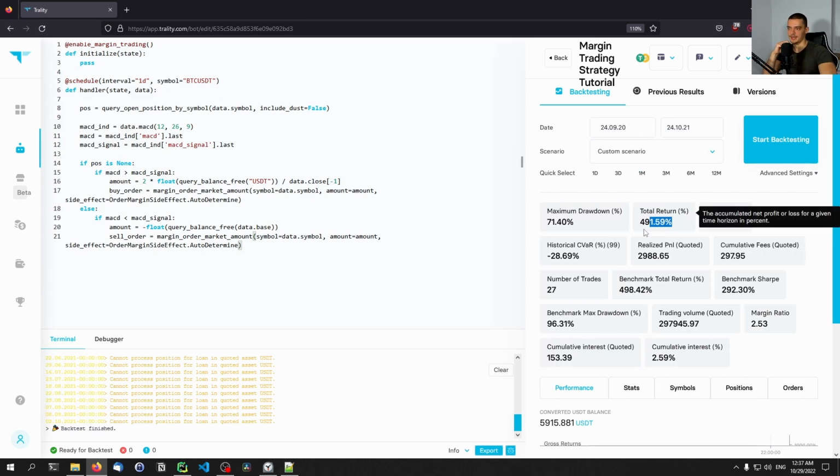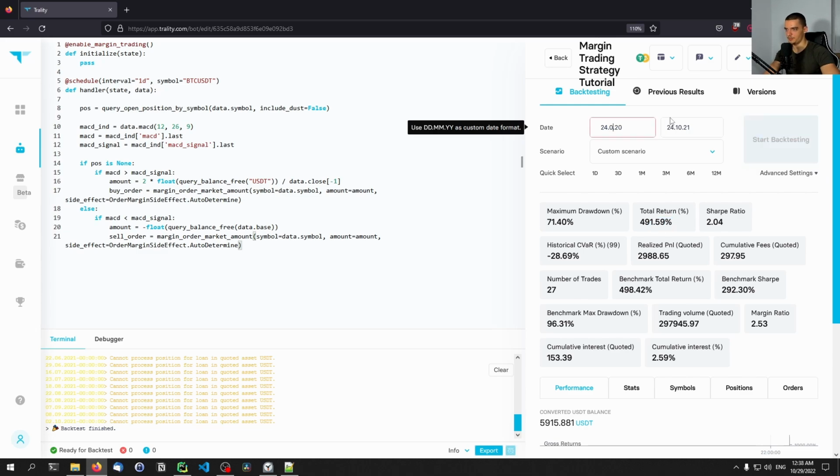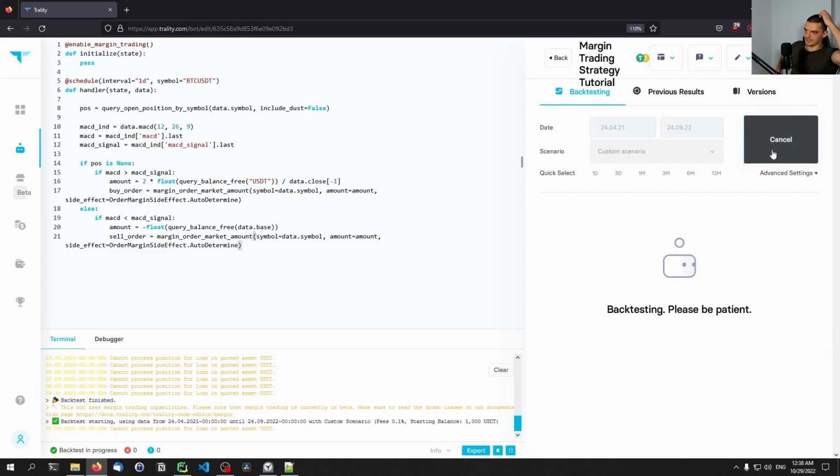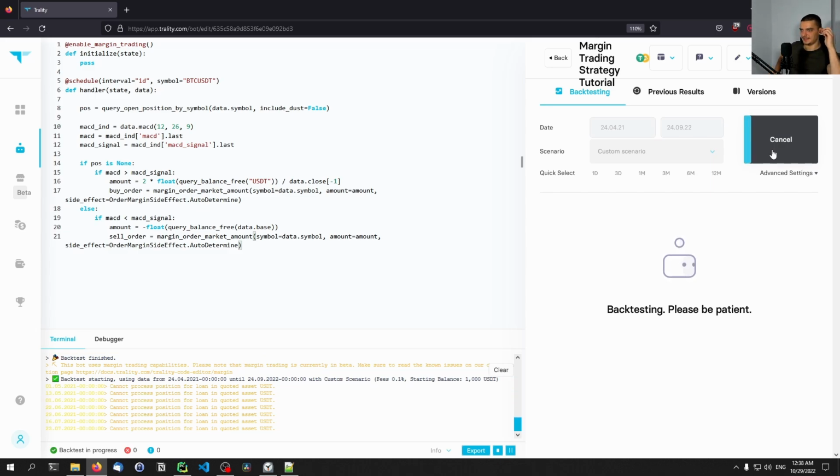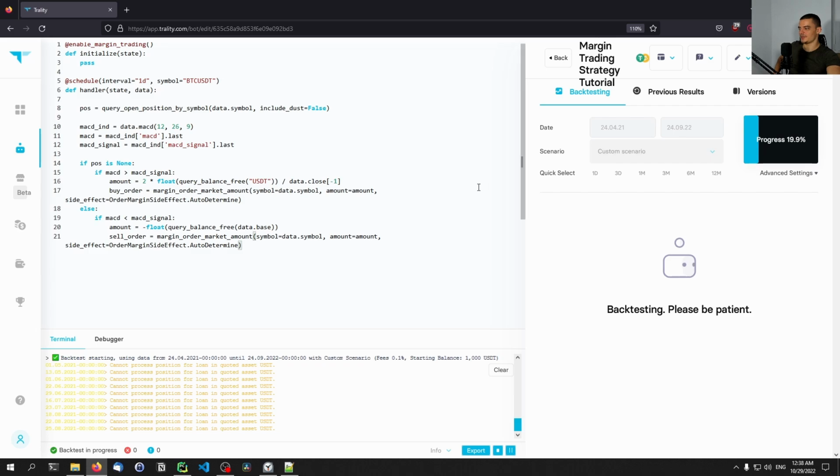Okay, 490%, not as good as the SMA strategy as it seems, but let's see what happens from April 21 to September 22. Because there we lost quite a lot of money with the SMA strategy. Let's see if we also lose money with the MACD and if it's more or less than with the SMA.